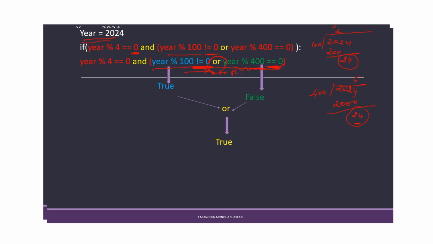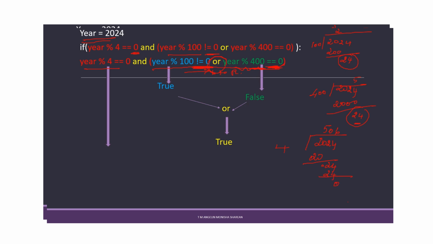Now I have solved the content inside the bracket. So I have to move on to this statement: year divided by 4. Again, I am showing you the calculation. 2024 divided by 4 goes 5 times 20, 0, and 24 is 6 times 4.